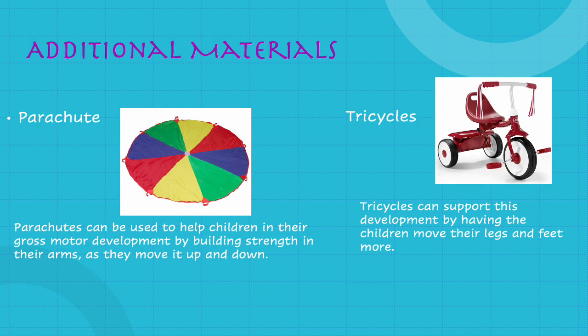Some additional materials that can help children's gross motor development would be parachutes and tricycles. Parachutes can help because as the children move them high and low, they are strengthening their arms. Tricycles can help because the children have to move their legs and feet more to pedal.